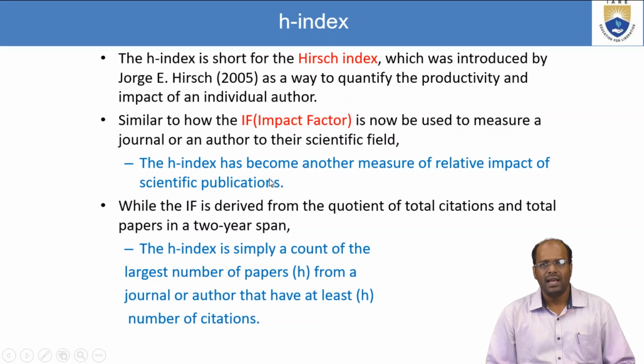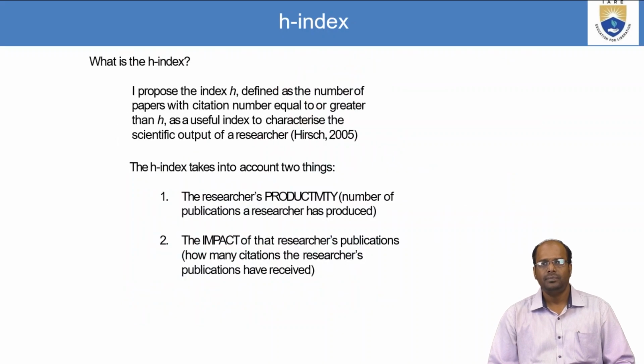The H index has become another measure of the relative impact of scientific publications, while the impact factor is derived from a coefficient of total citations and total papers in a 2-year span. The H index is simply a count of the largest number of papers from a journal or author that have at least H number of citations.